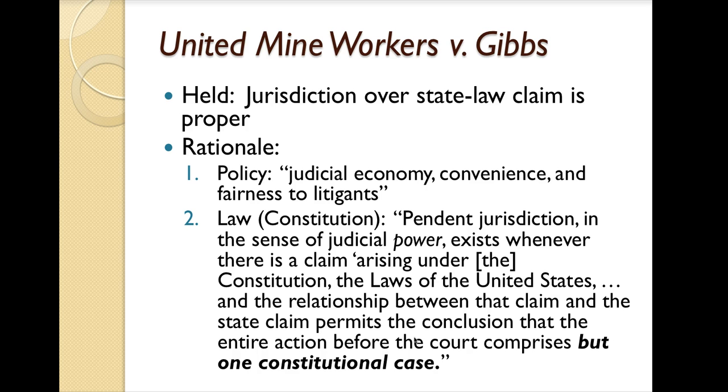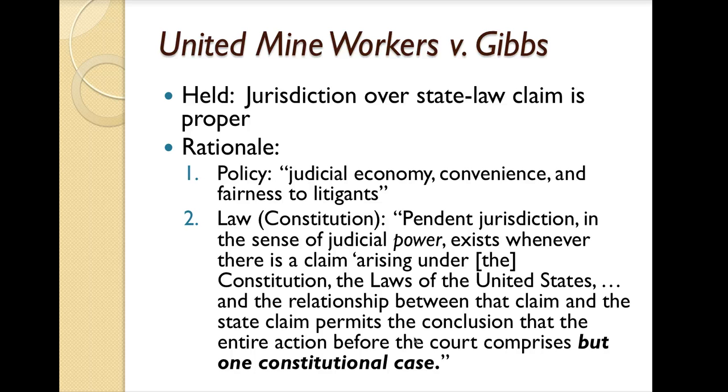As you recall, the Constitution is the outer limit on the judicial power of the federal courts. So how is it that a federal court could, according to the Gibbs court, adjudicate a state law claim in the absence of any diversity between the parties? Quoted here on this slide is what the court said about that. They said, pendent jurisdiction in the sense of judicial power exists whenever there is a claim arising under the Constitution, the laws of the United States, and the relationship between that claim and the state claim permits the conclusion that the entire action before the court comprises but one constitutional case.